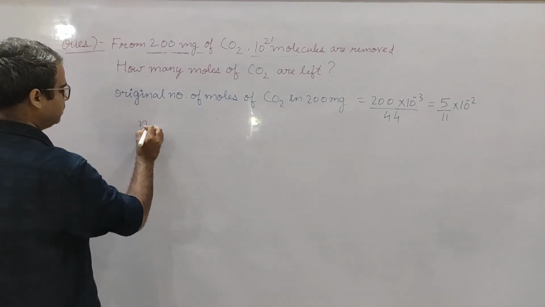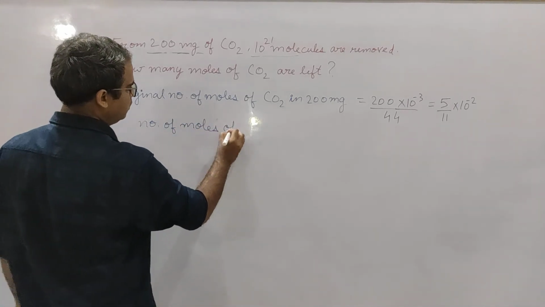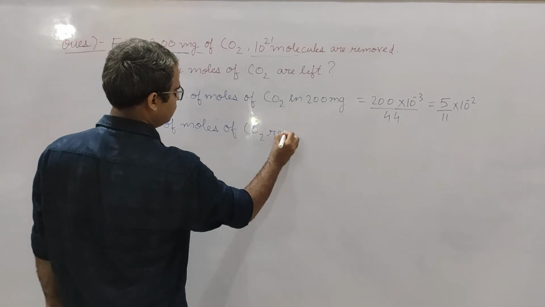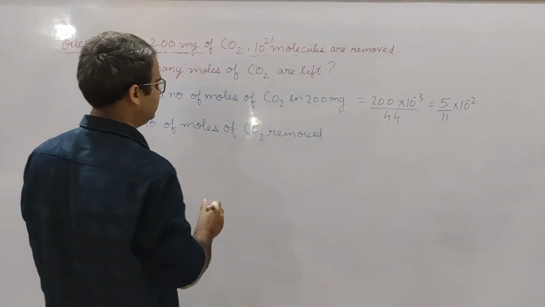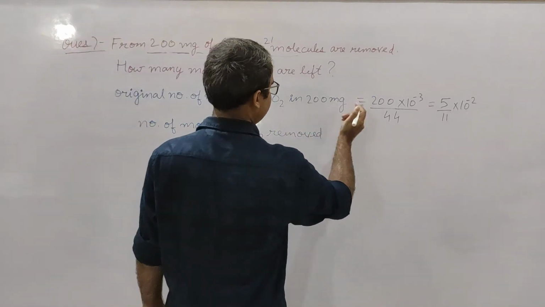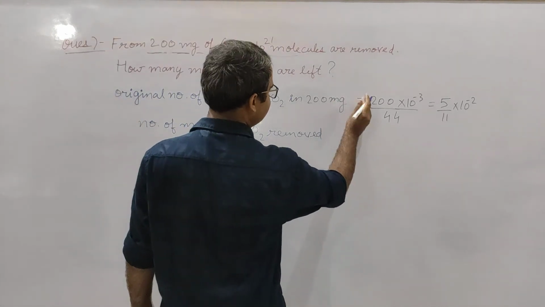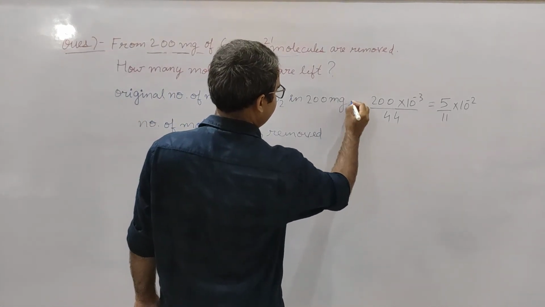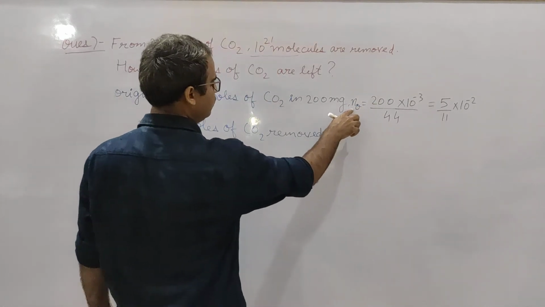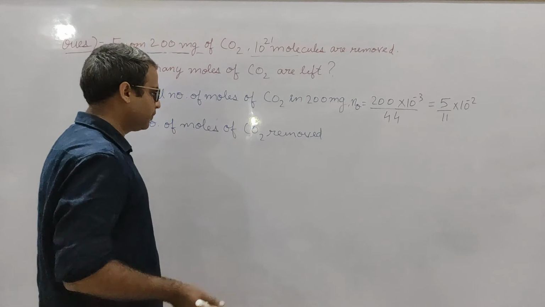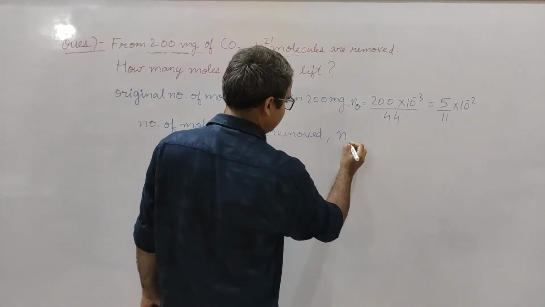We will write the original number of moles of CO2 in 200 mg as n o, and the number of moles of CO2 removed we will represent by n r.